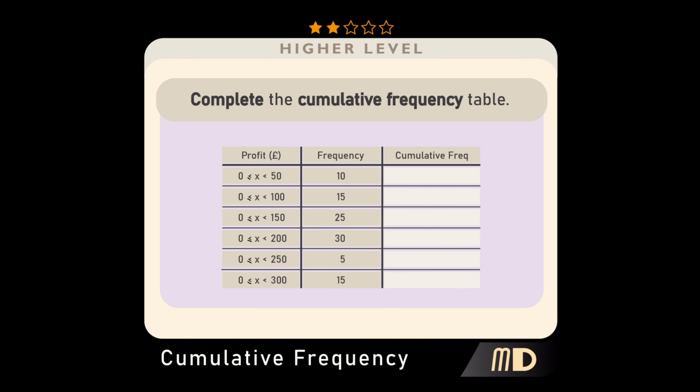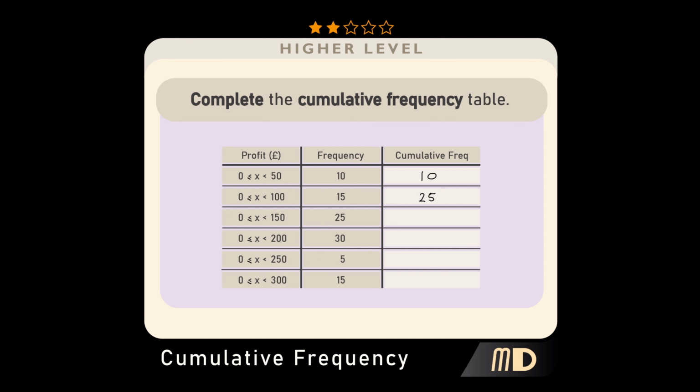The frequency of the first group is 10, so the corresponding entry in the cumulative frequency column is also 10. The frequency of the second group is 15, so the corresponding entry in the cumulative frequency column is 10 plus 15, which is 25.